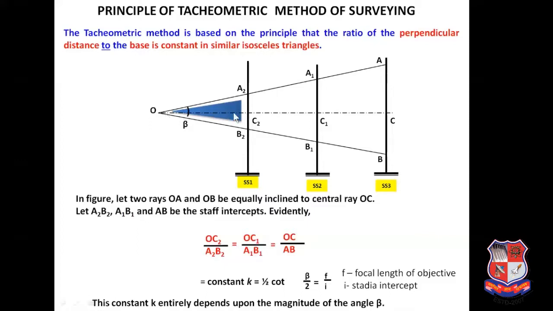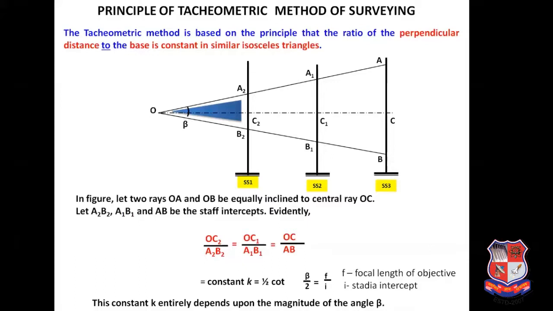OC2 upon A2B2 is equal to, in the second triangle, OC1 upon A1B1, is equal to OC upon AB, that is equal to constant K, and the value of K is given by 1/2 cot beta by 2.